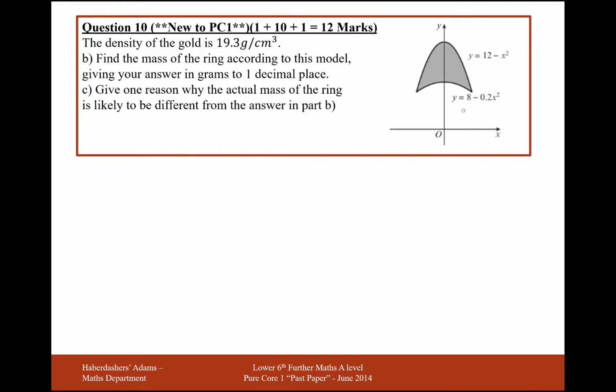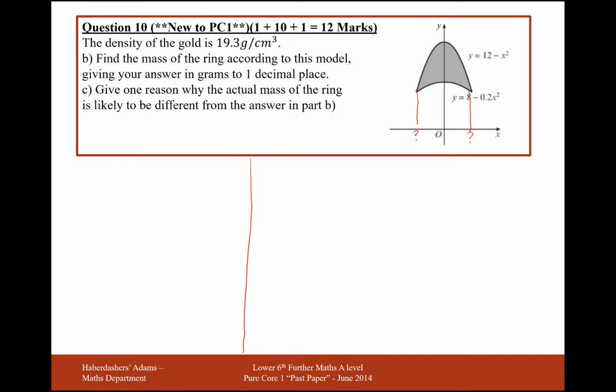What we're going to have to do is work out the volume when this shape here is rotated 360 degrees around the x-axis. First we need to work out the intersection points, the boundaries for our integration.